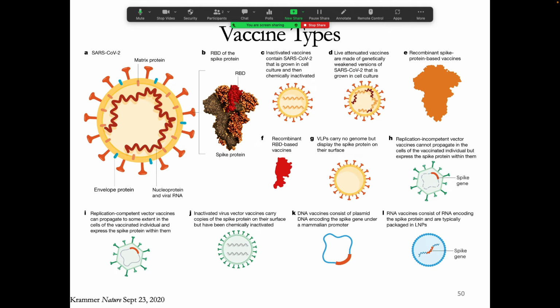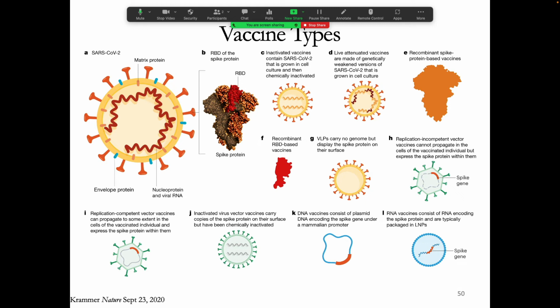The idea with a vector-based vaccine is that instead of just taking the nucleic acid, the mRNA, for example, that encodes spike and putting it in a lipid and just giving you the bare nucleic acid, or instead of giving you the bare DNA, you put that nucleic acid inside some other virus.